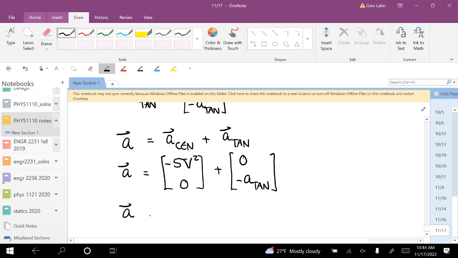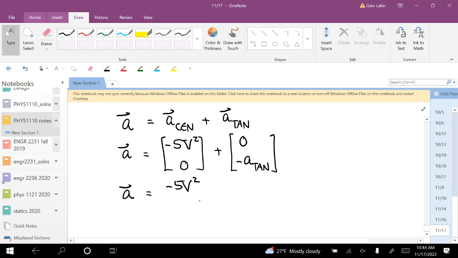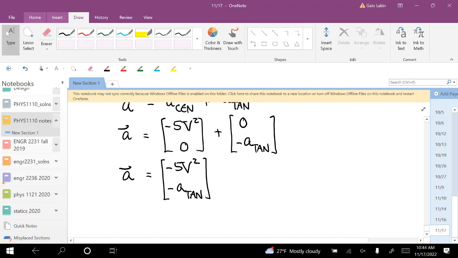And so we can represent this acceleration vector as negative 5v squared for the x component, negative a tangential for the y component. And we don't know any of this stuff. So now we have an expression for A. If we can figure out a tan and v, then we'll have a numerical value for acceleration. But this is all we have so far.